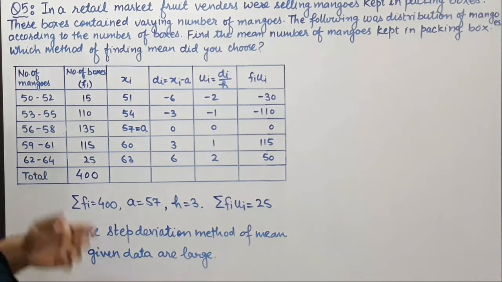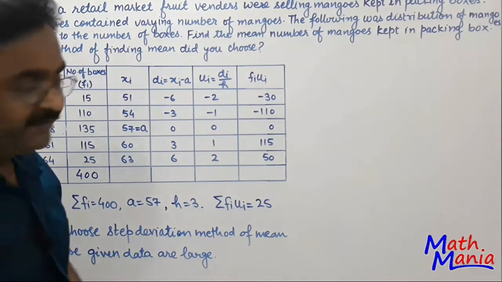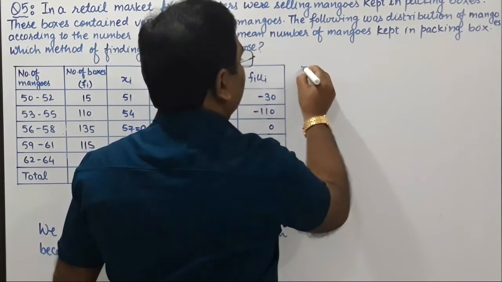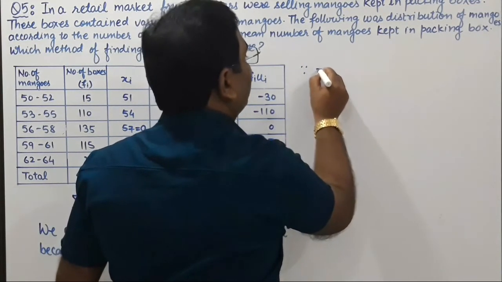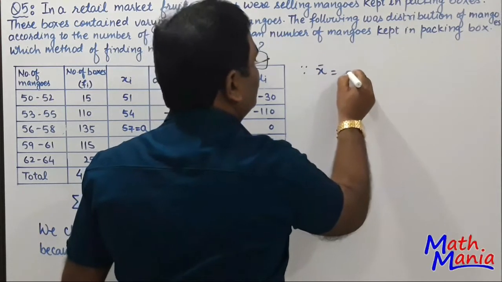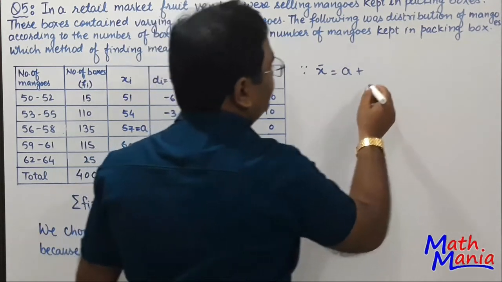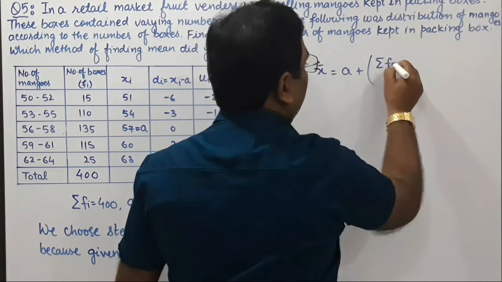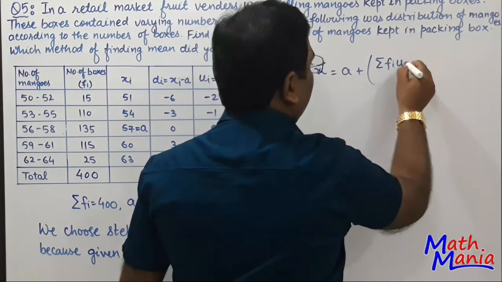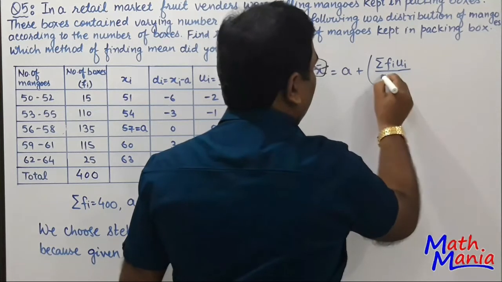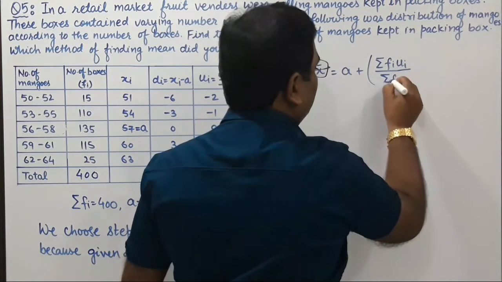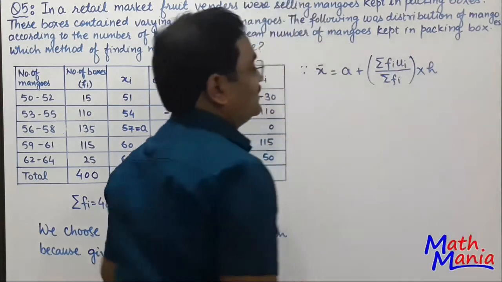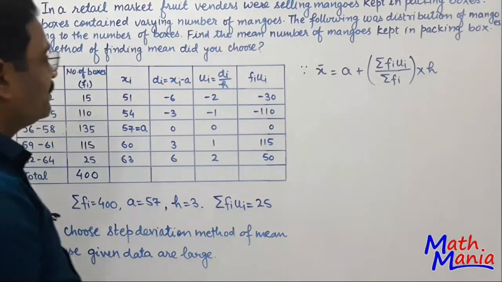Now we need to write down the formula of step deviation method. Since we know that x bar is equals to a plus sigma fi into ui upon sigma fi multiplied by h. Substitute the values.